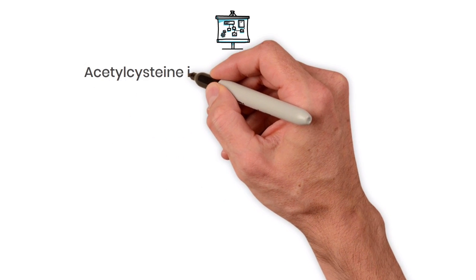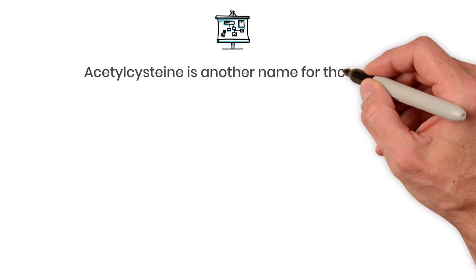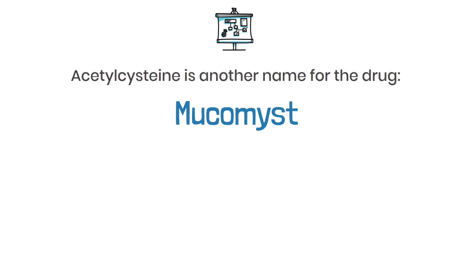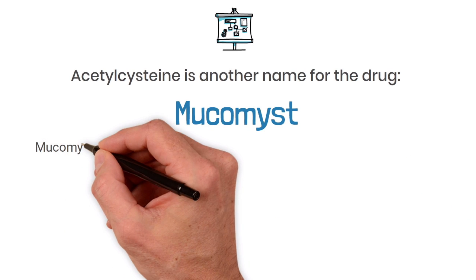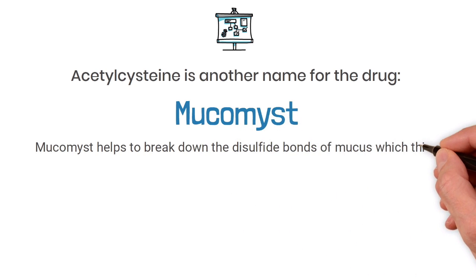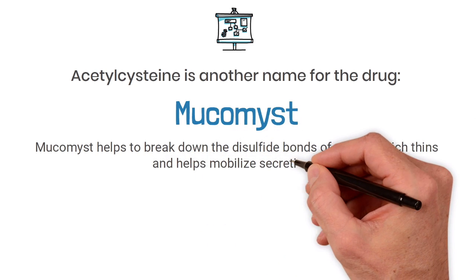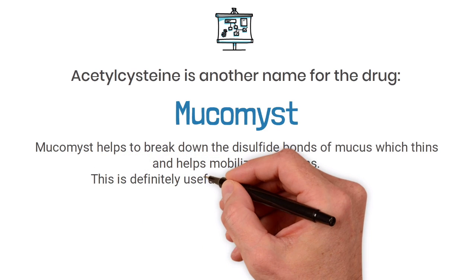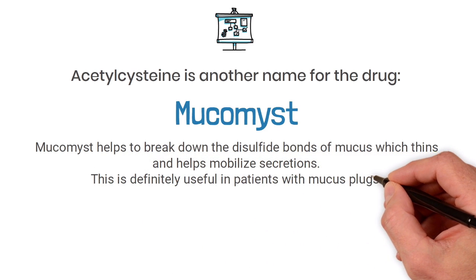Let's break it down. First and foremost, to get this one right, you simply just needed to know that acetylcysteine is another name for the drug Mucomyst. And of course, Mucomyst helps to break down the disulfide bonds of mucus, which thins and helps mobilize secretions. This is definitely useful in patients with mucus plugs.